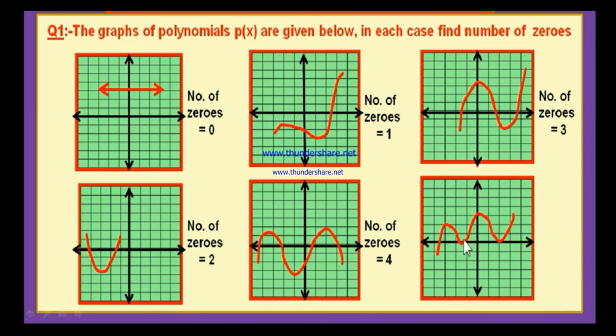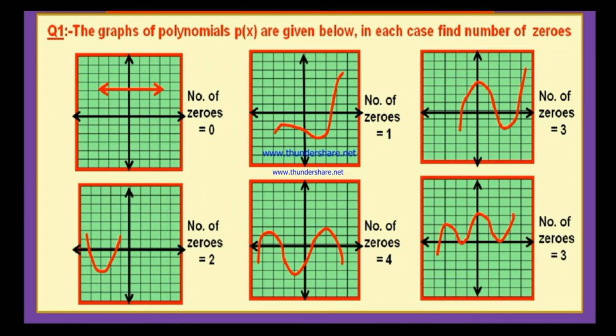Therefore, there are 3 common points. Exactly, there is only one point of intersection and the other 2 are points of contact. Anyhow, there are 3 common points for x-axis and this curve. How many common points are there? 1, 2, 3 common points. Therefore, the number of zeros of this curve is equal to 3.